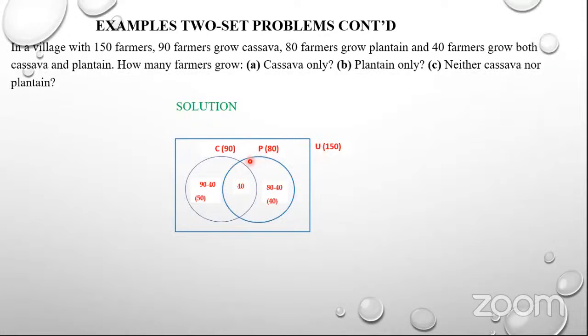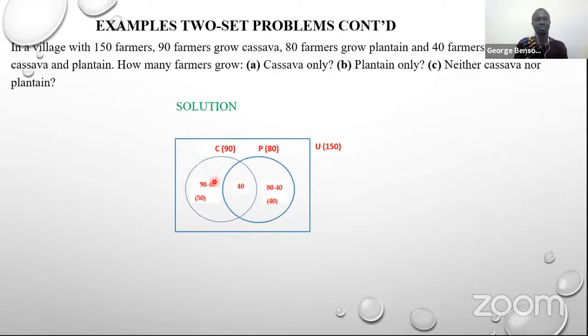So as you can see, this will be the circle for the cassava, and this will be the circle for the plantain. We were told that 40 farmers grow both cassava and plantain, so we put it in this region. This region is for those who belong to both cassava and plantain.